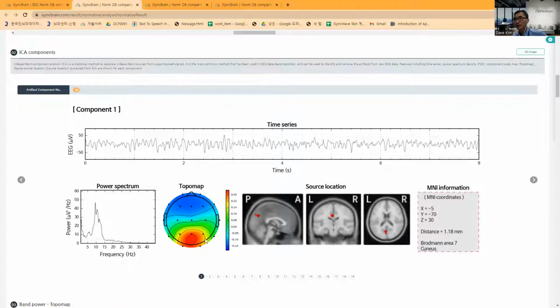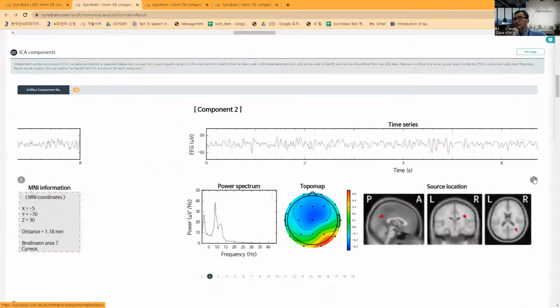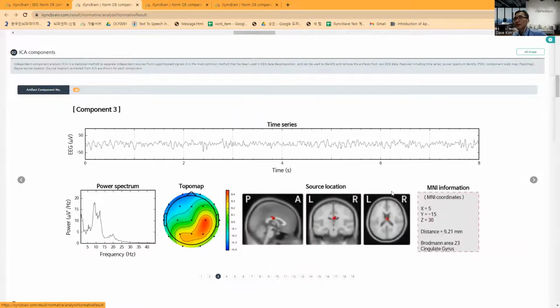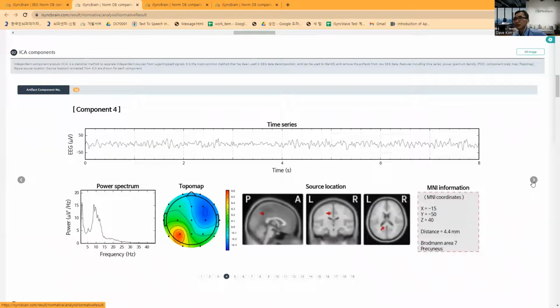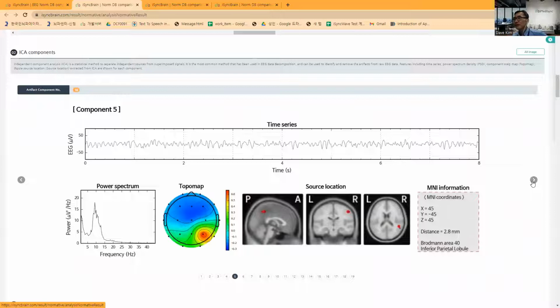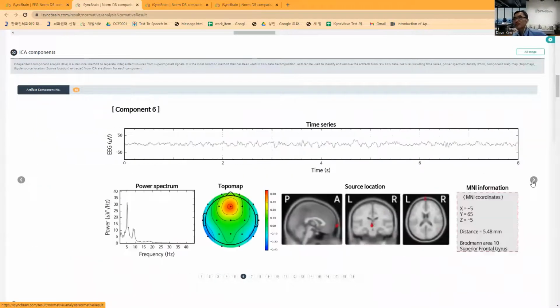She has a slow alpha peak frequency and a high alpha peak frequency together. The alpha activity itself means a kind of overarousal in this case.